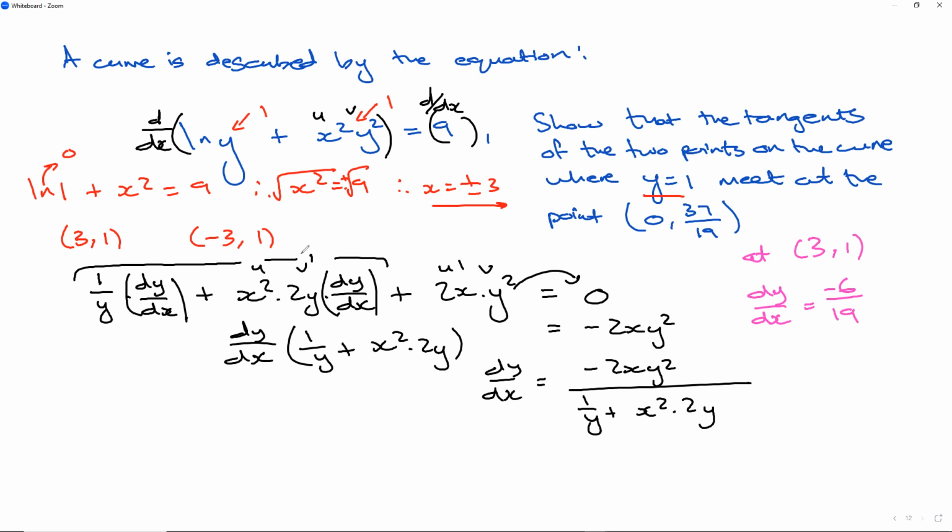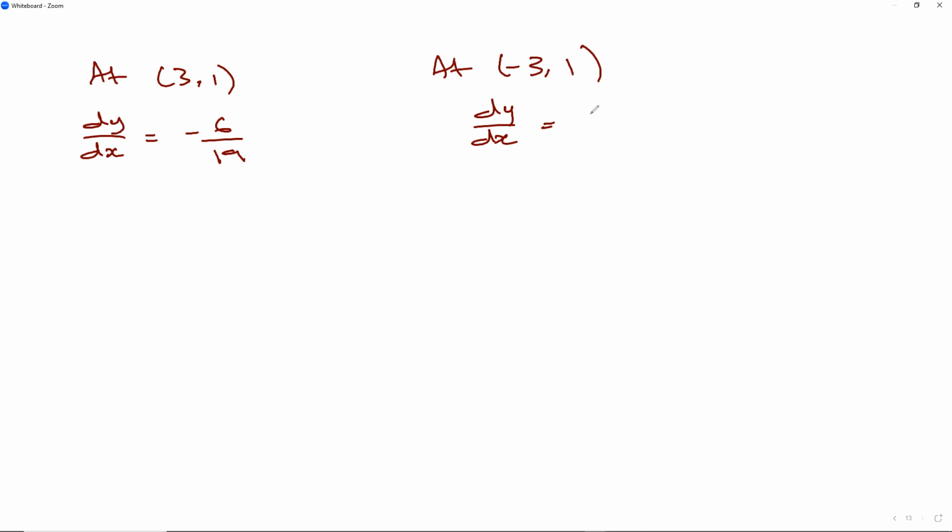When I substitute -3 and 1 in here, my dy dx ends up as 6/19. All right, so I've got these two gradients now. At 3, 1, my dy dx is going to equal -6/19, and at -3, 1, my gradient dy dx will equal positive 6 over 19.